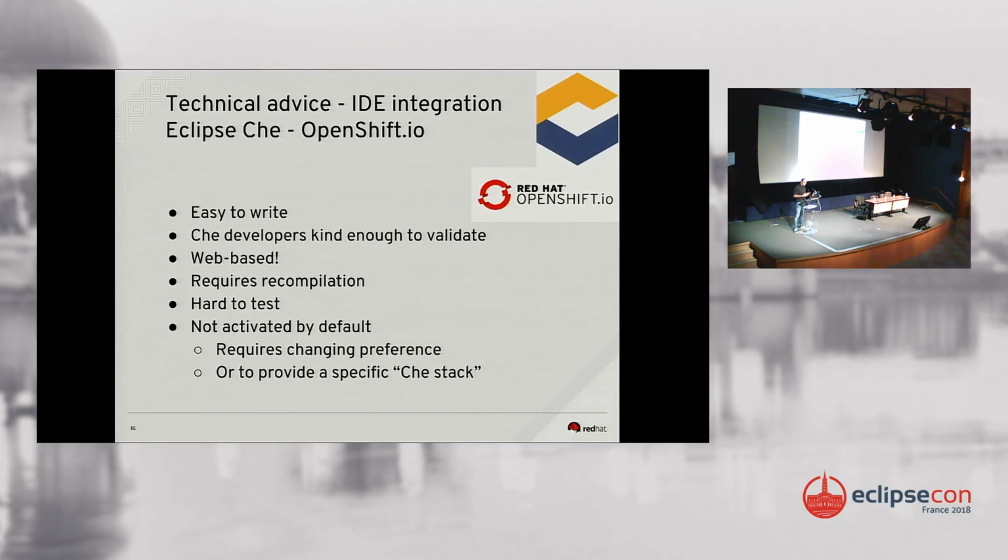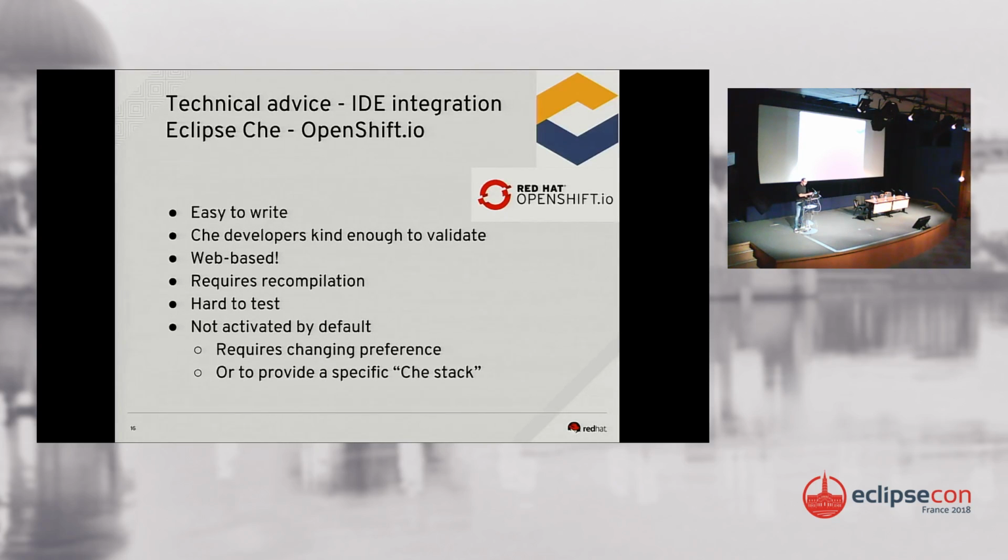I don't know. And the last thing is that by default the language server is not activated. You will always need to change some preferences, so it means that users will need to change that unless you are providing what they're calling a specific Che stack, but it is starting to be a bit more complicated, and we didn't go that far.